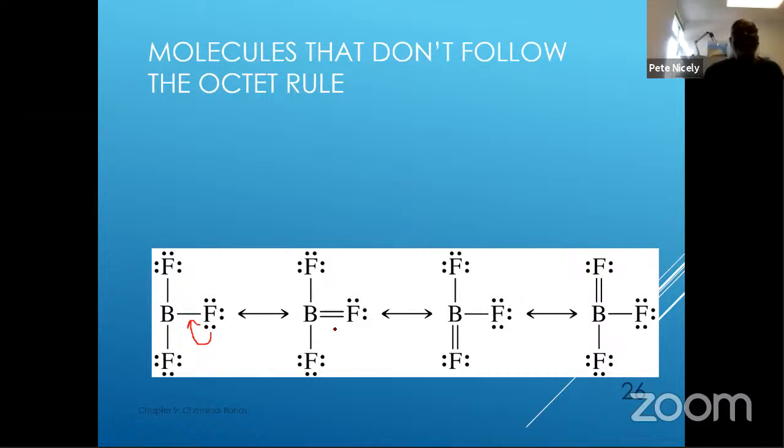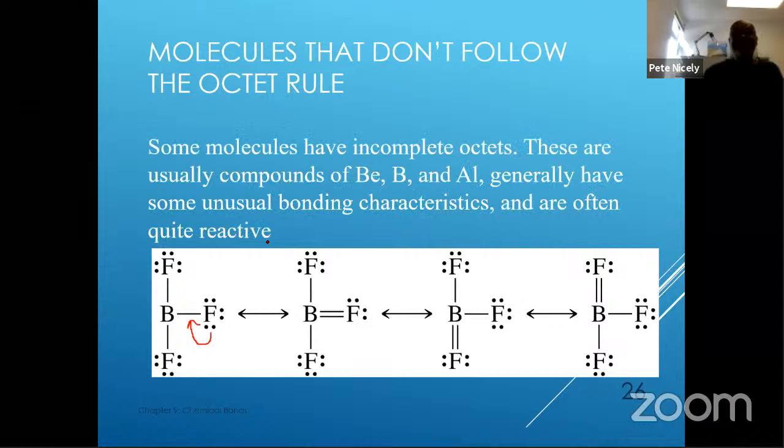You end up with this structure, which is more stable because now the boron has 2, 4, 6, 8. In other words, the boron now has its octet satisfied. This is typically what you see in compounds of beryllium, boron, and in some cases aluminum. So that's what happens in this case.